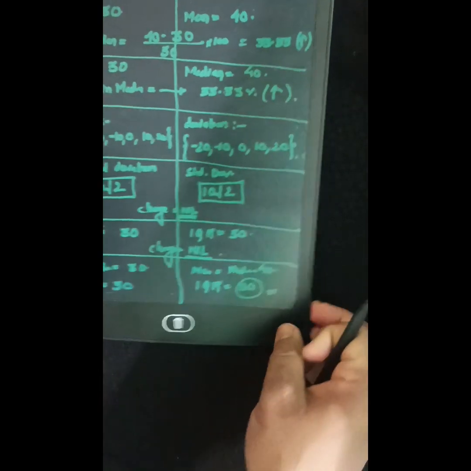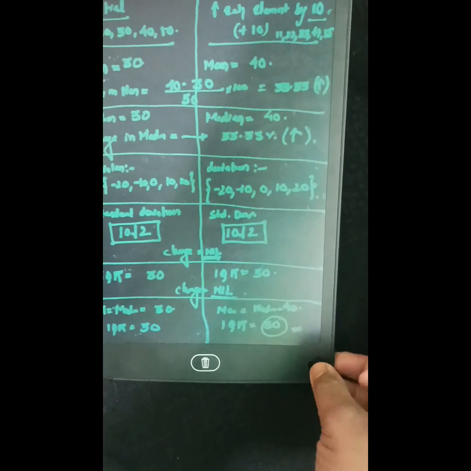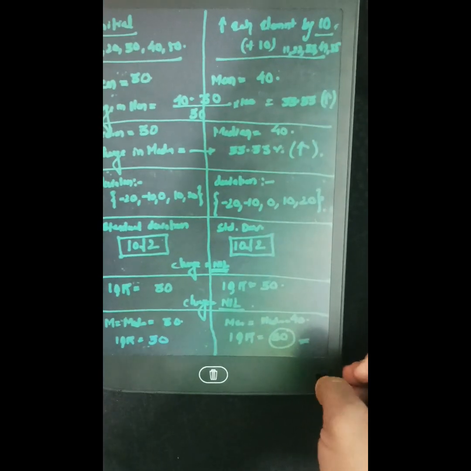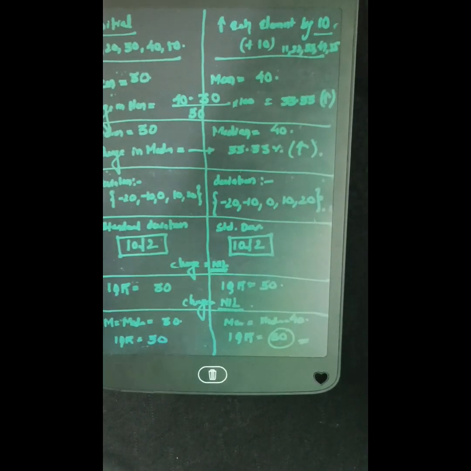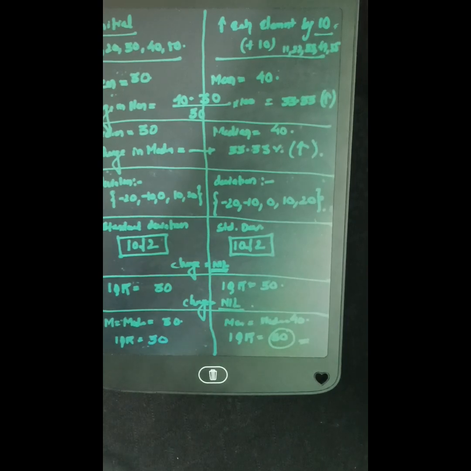So these are certain differences which one must keep in mind if you are given certain data set and asked to analyze it, then one must keep in mind what are the factors which are affecting the elements of the data set basically. If a certain number in certain case is decreased by 10%, what will happen?